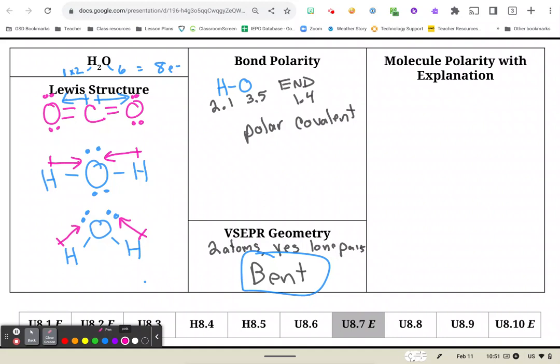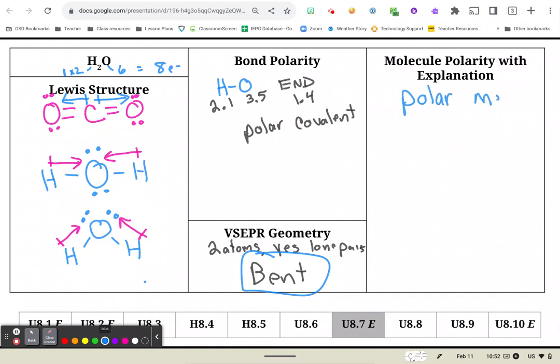And so that's what you need to remember about your bent structures, is that the Lewis dot structure can be really misleading. Drawing it in the bent arrangement makes it make a little bit more sense. Or you can just remember that, oh, it's bent, then it needs to be polar, and then you need to give your reasoning. So this is a polar molecule.